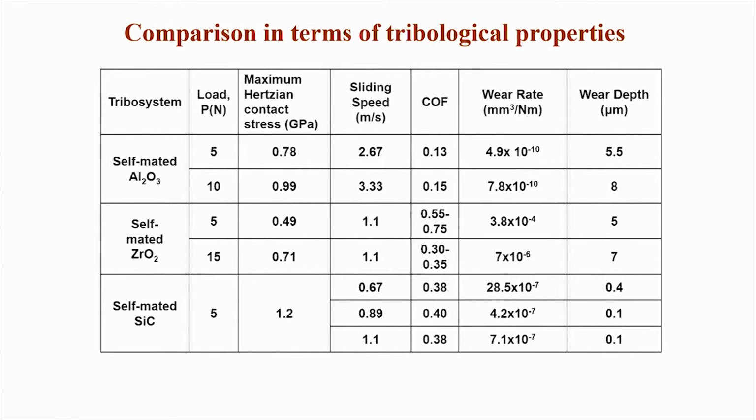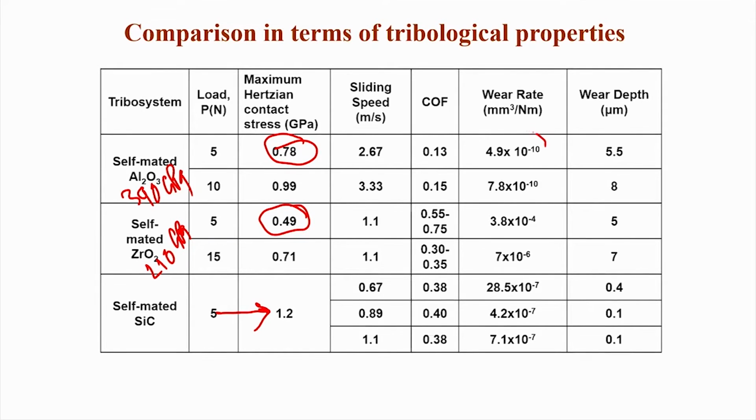For example, oxide ceramics have a relatively lower elastic modulus compared to silicon carbide. Alumina is 390 gigapascal, zirconia is 210 gigapascal, and silicon carbide is a little higher than alumina. So, a 5 Newton load leads to 1.2 gigapascal as the maximum Hertzian contact stress, which is 0.78 in case of alumina and 0.49 in case of zirconia.